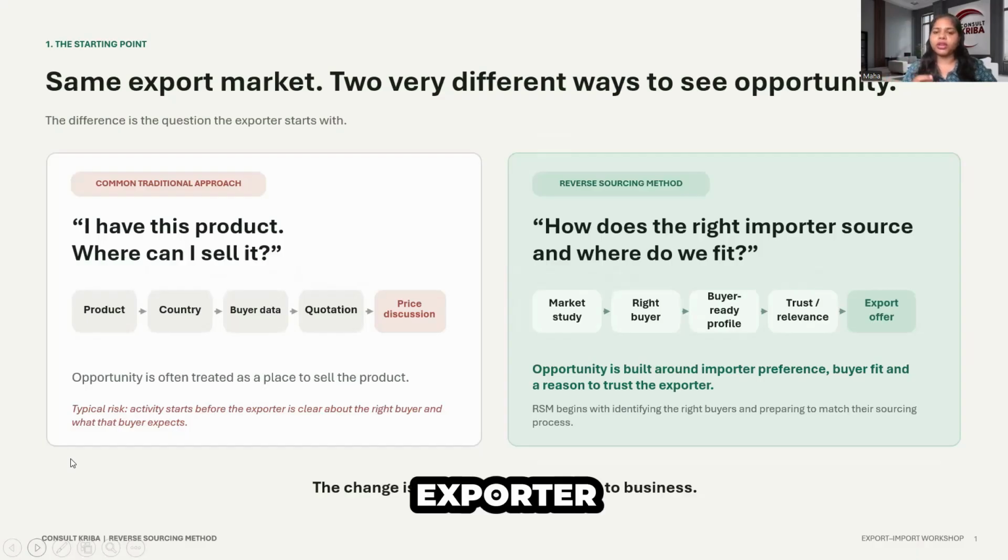Then this exporter targets a particular type of buyer, because he can only export 10 tons per month, but they can do white labeling. So instead of targeting any importer, he targets only the brands operating in cold-pressed oil, especially for skin care.